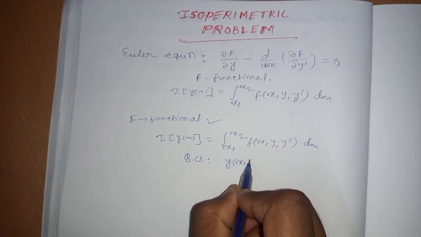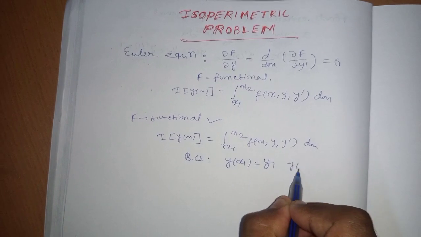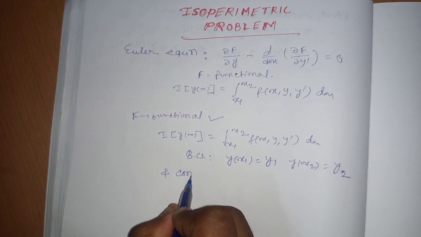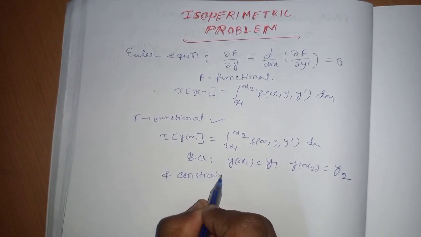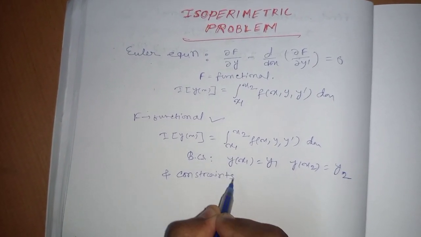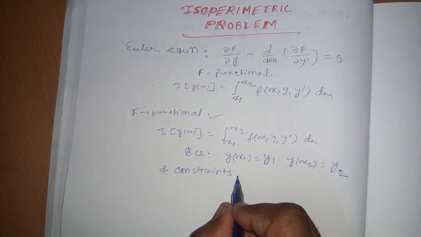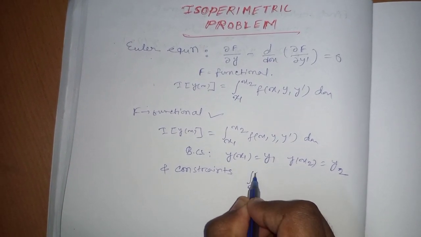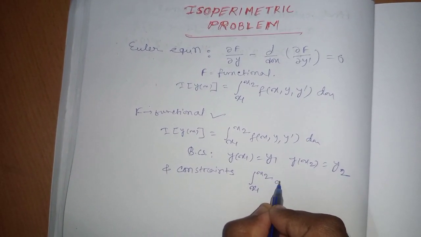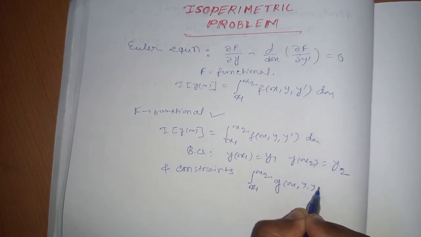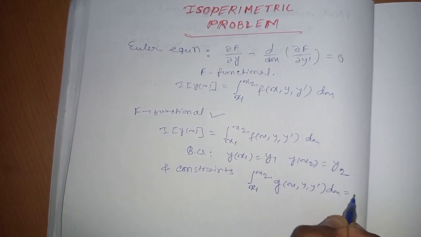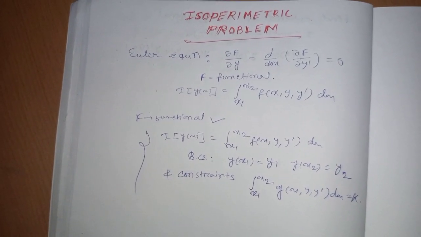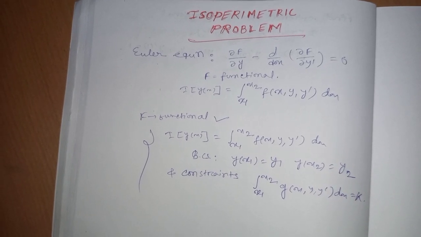There y at x1 is y1 and y at x2 is y2, and a constraint is given, that is integration x1 to x2 g of x comma y comma y dash dx equal to some constant k. This type of problem is known as an isoperimetric problem.